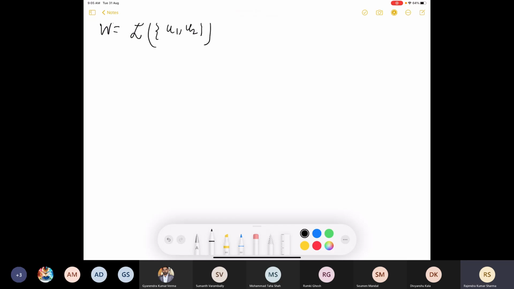So this is U1, U2, where U1 is (1, 2, 3). What is U2? It is (0, 4, -1). Okay. So if f is in the annihilator, we want to know what is the annihilator of this.